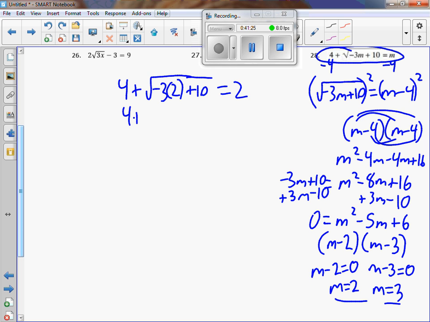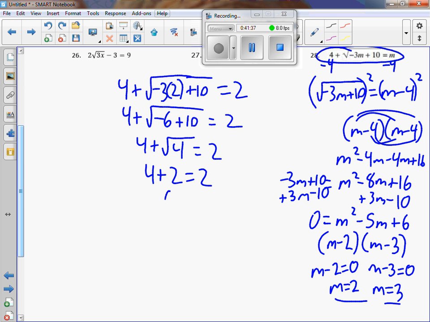So 4 plus negative 6 plus 10 equals 2. 4 plus radical 4 equals 2. 4 plus square root of 4 is 2 equals 2. And I get 6 equals 2. Not true, is it? So that means 2 is not a solution. So we got to reject it.